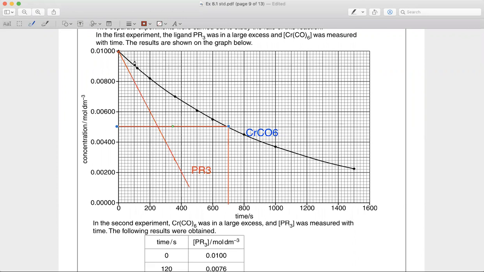Right. Going back to this half-life calculation. From 0.01, I go to 0.005. Half of that is 0.0025, which is around here. Should have used a different color for this one.